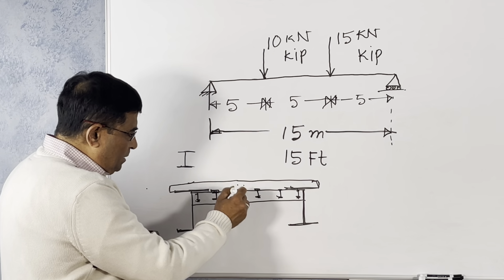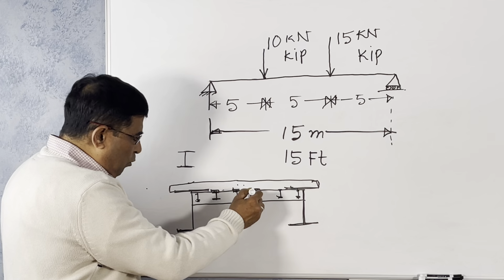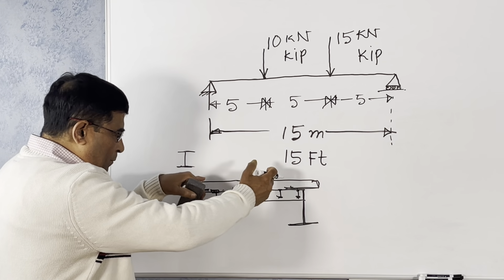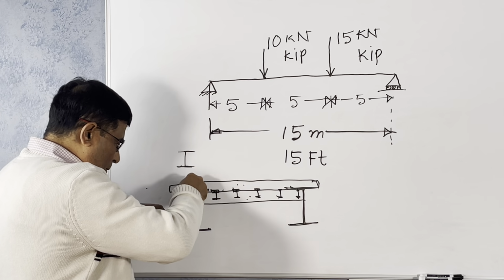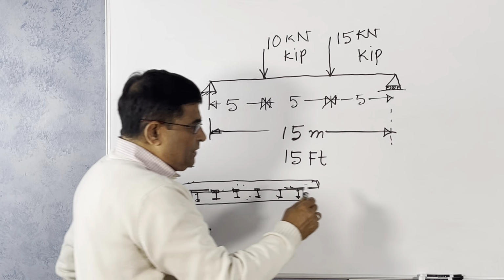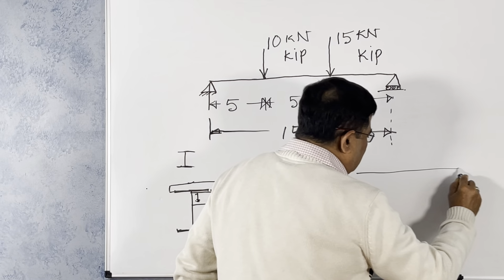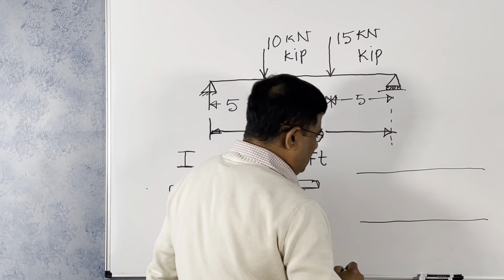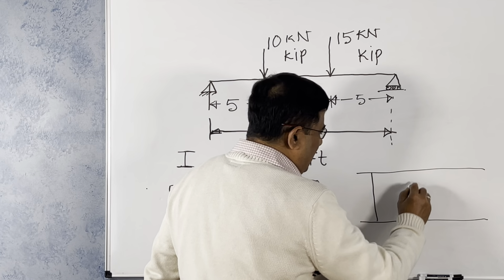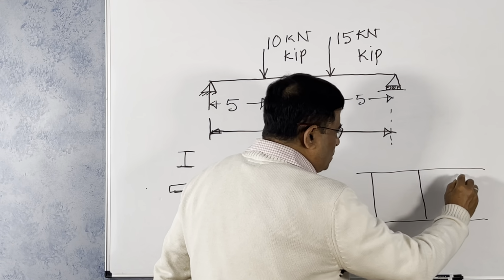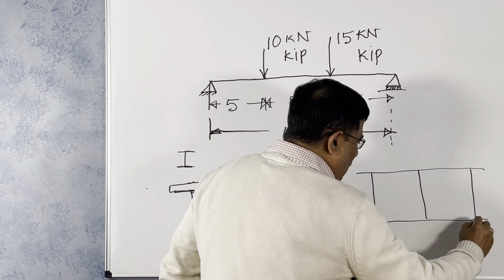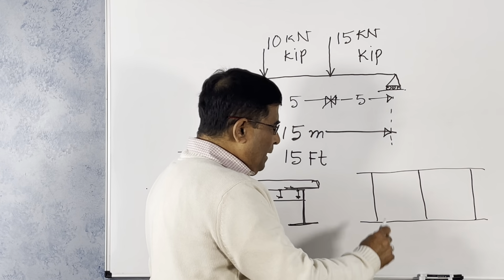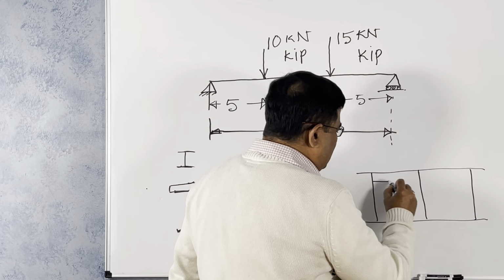The stringers pass it on to the floor beam, and the floor beam collects all the loads from the deck and puts it here as concentrated load. If you see the plan, these are the two main girders, and the cross beams or floor beams, and there are stringers there.